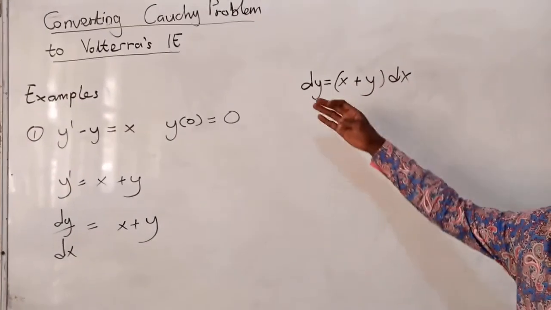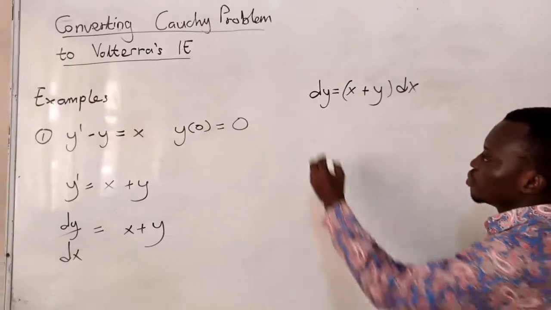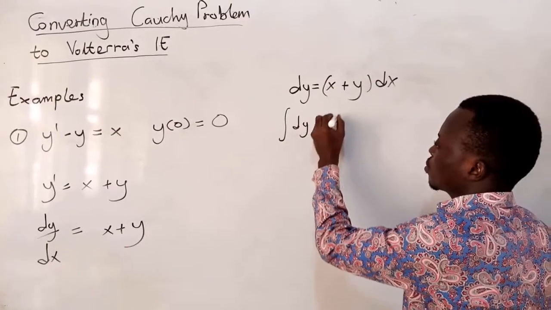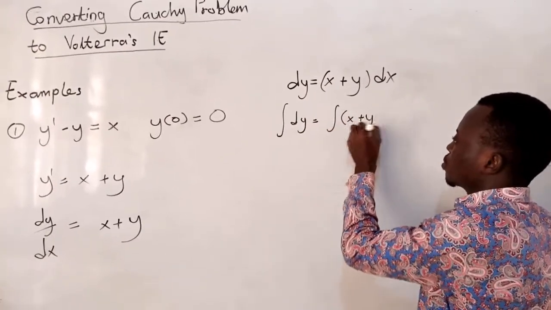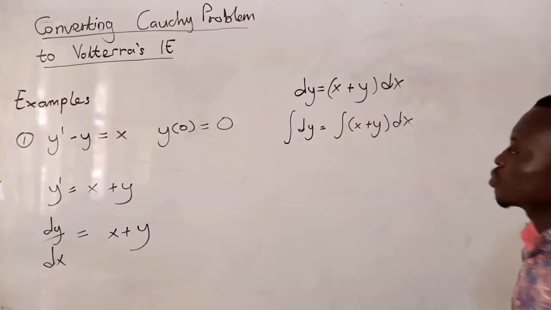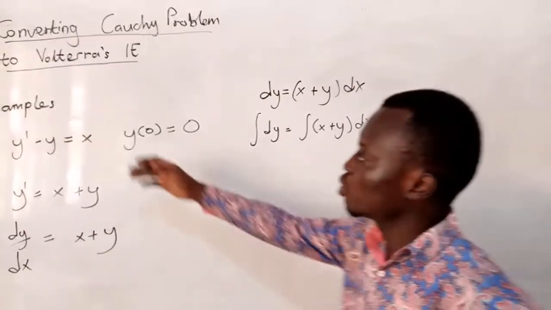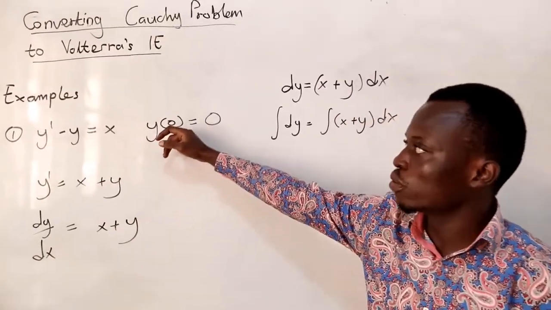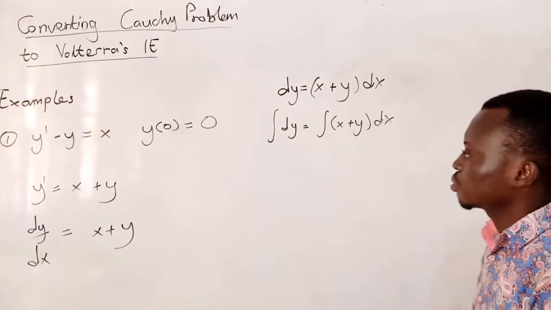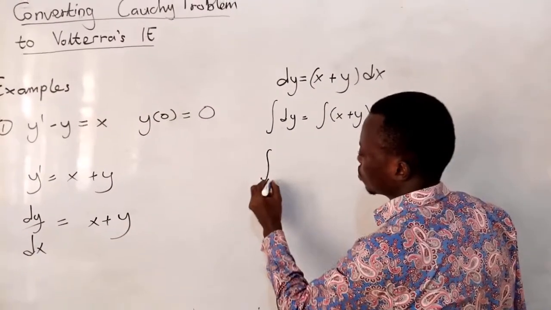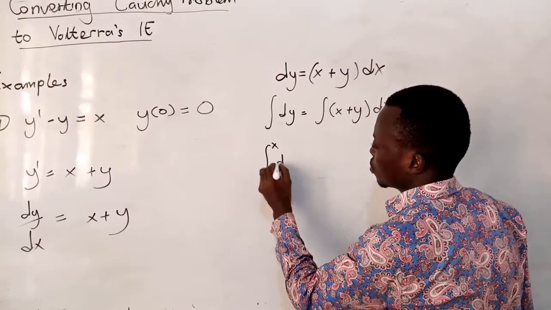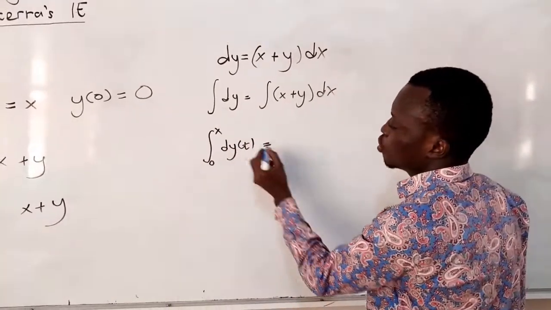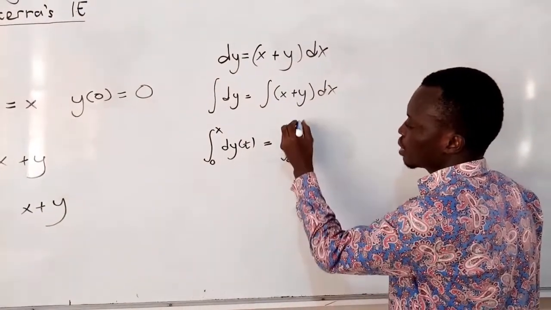Now let's integrate both sides of the equation. Since we're converting to a Volterra's integral equation and the initial problem starts from 0, I'm going to integrate from 0 to s. So dy of, now we interchange here to t, which will be equal to integral of 0 to s.